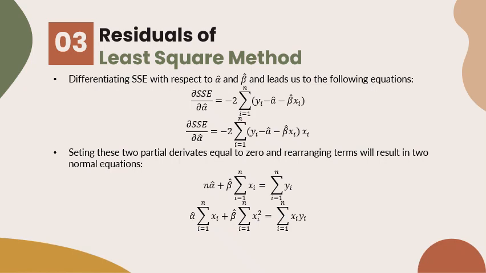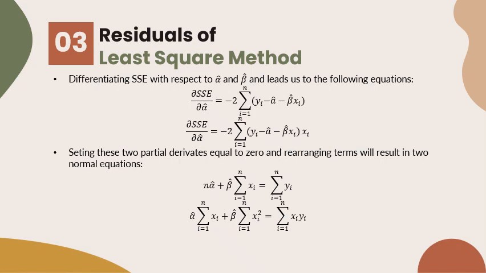Based on our explanation just now, we differentiate SSE with respect to alpha hat and beta hat, which leads us to the following equations. Partial SSE over partial alpha hat equals minus 2 times the summation of y i minus alpha hat minus beta hat x i, and partial SSE over partial beta hat equals minus 2 times the summation of y i minus alpha hat minus beta hat x i, times x i.